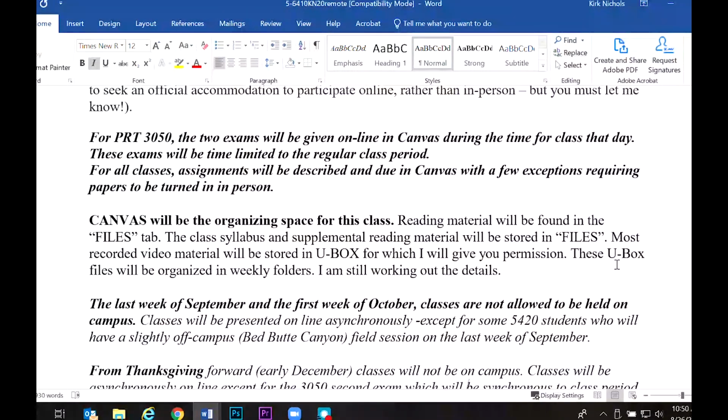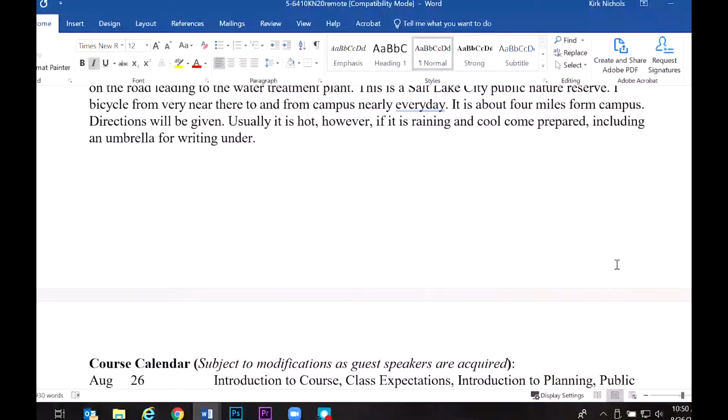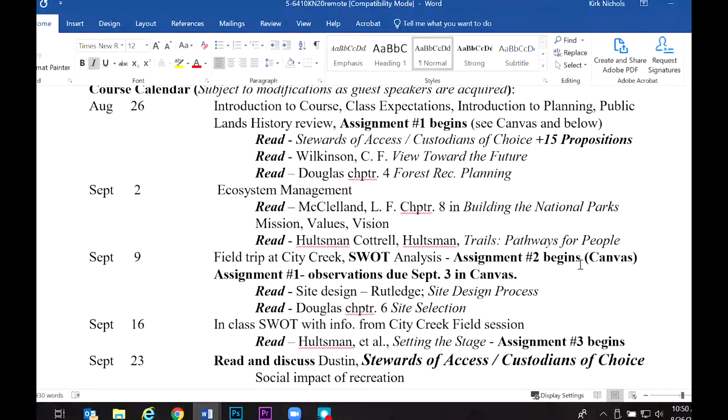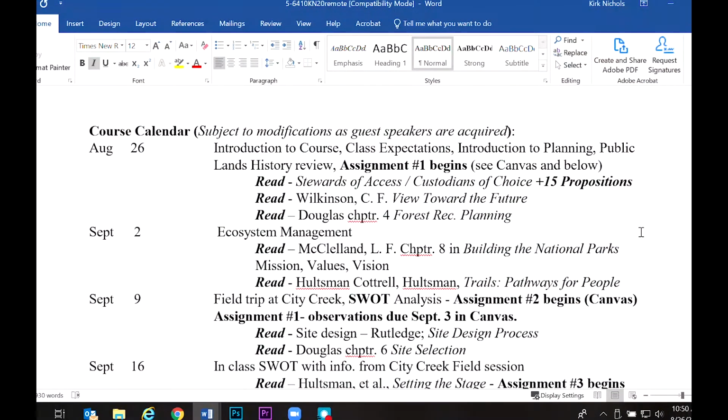So let's skip ahead and take a look specifically at this class calendar. Right here at the top, the things we're covering today include purchasing the book Stewards of Access, Custodians of Choice, and I'll describe later what I mean by the 15 propositions. We'll divide the book up so that not everybody's writing propositions about the same chapter.